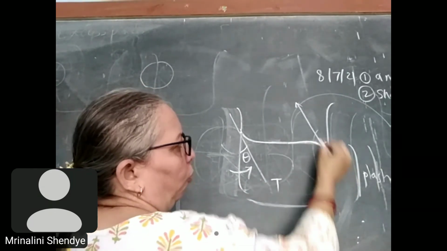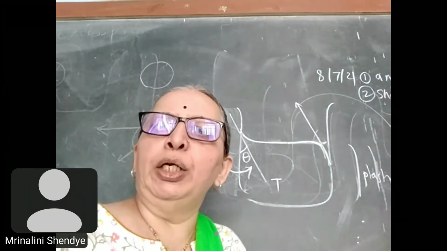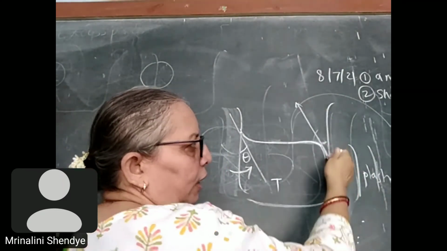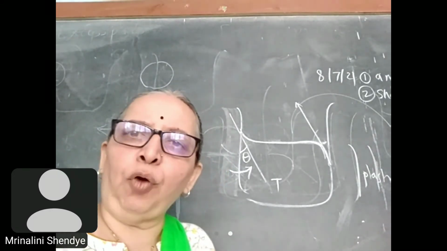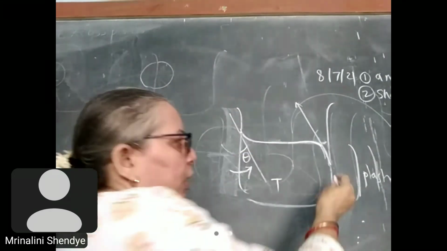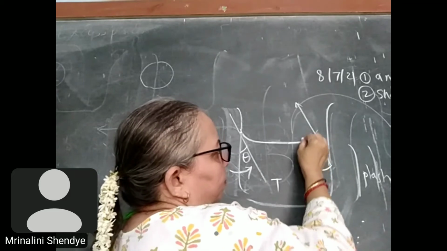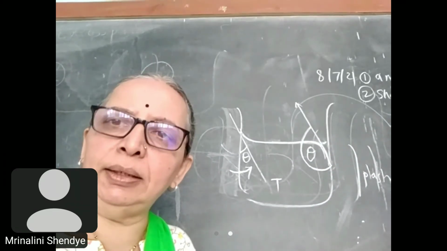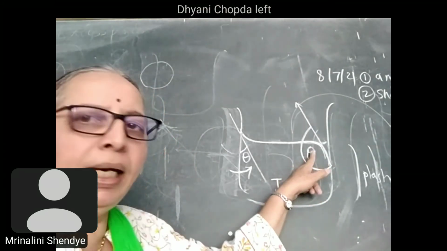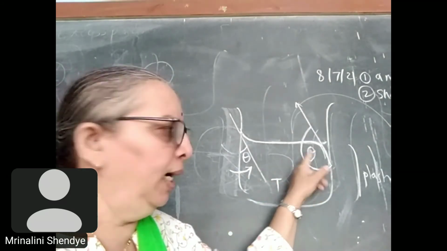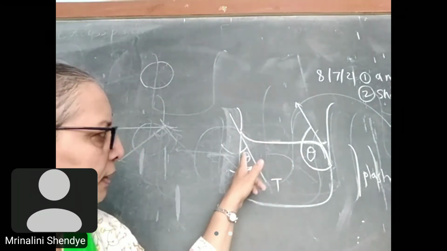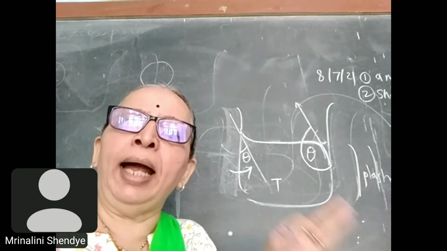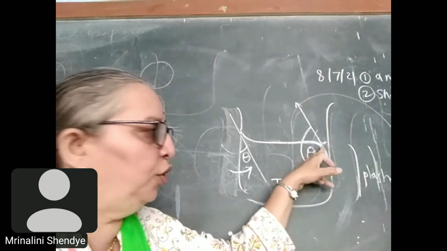At the point of contact, you have to draw a tangent and measure the angle between the solid surface and the tangent, only from the inner side of the liquid. So this will be the angle. For a convex meniscus, theta is always greater than 90, and for a concave meniscus, angle of contact is always less than 90. So you can relate angle of contact with the nature of the meniscus.